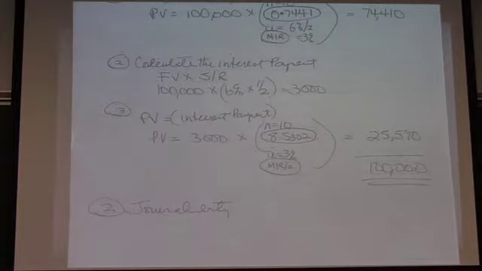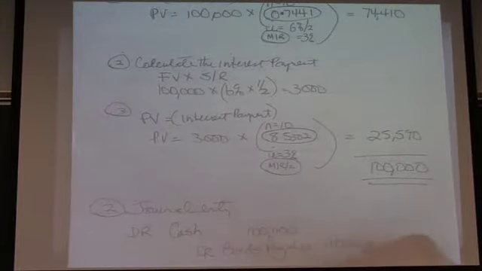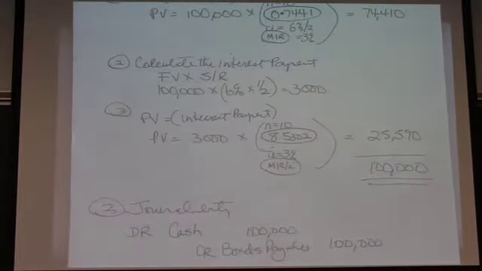But let's say we exclude it aside. The entry would be debit cash, that's how much money we're getting, and credit bonds payable. Okay, so that would be our first entry.